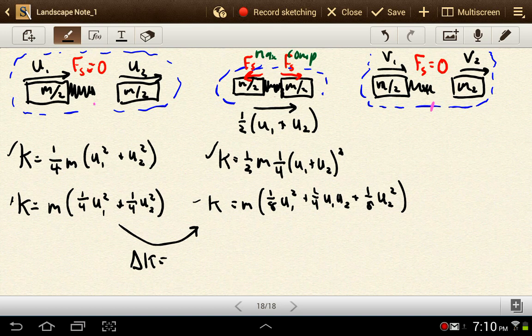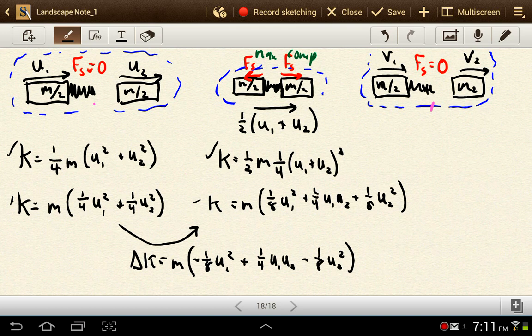And when you do the math there, it's going to be equal to m times (negative 1/8 u1 squared plus 1/4 u1 u2 minus 1/8 u2 squared). Okay. This problem is less pretty than I thought. So, let's see, factor stuff out.